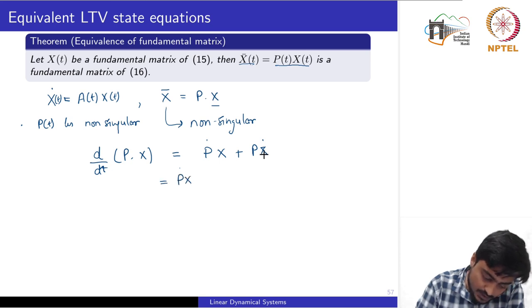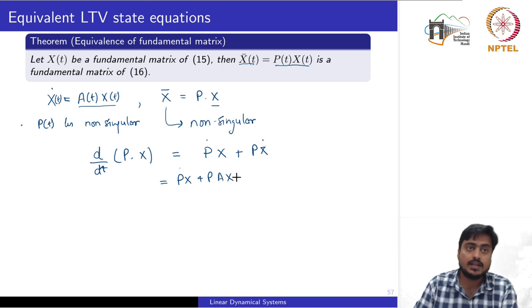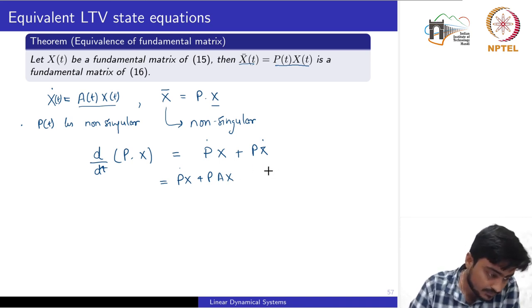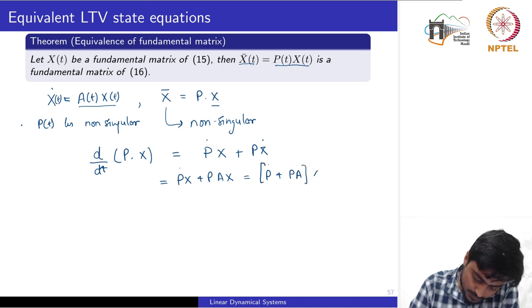Now replacing this X dot by this equation, we would get P A into X. Again, all the arguments of T are implicit, which I can write as P dot plus PA into X by taking X common from both the terms.